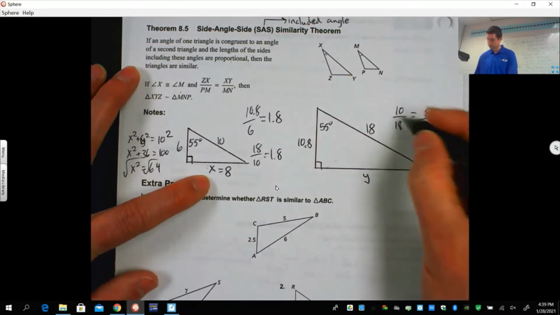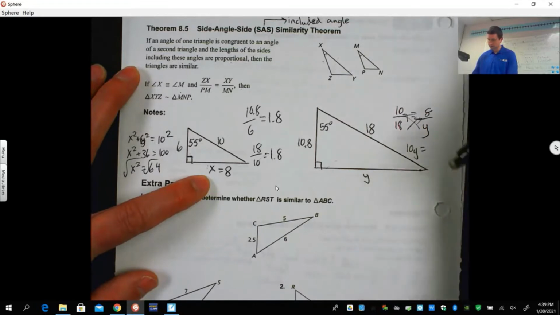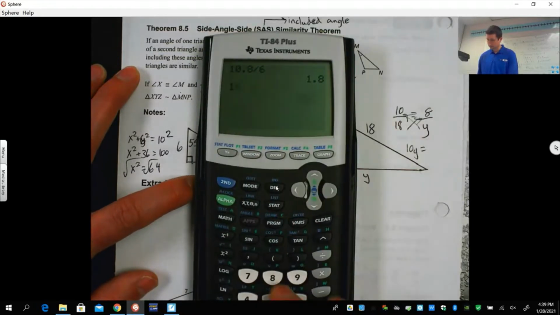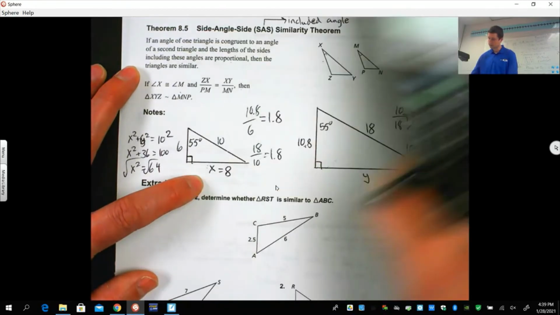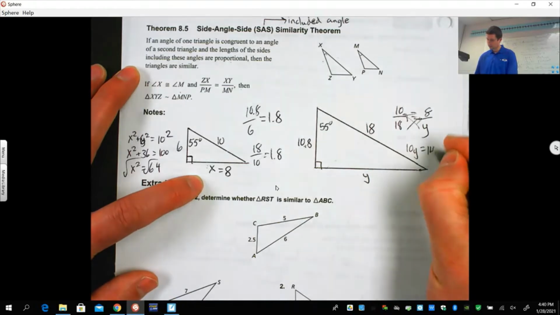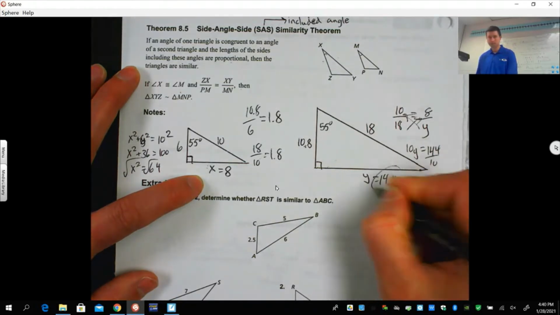Corresponding parts there. Cross multiply. 10y equals 18 times 8. That'd be 80 plus 64, 144. How about that? 10y equals 144, divided by 10. That'd be 14.4.